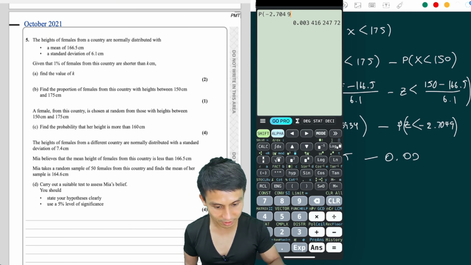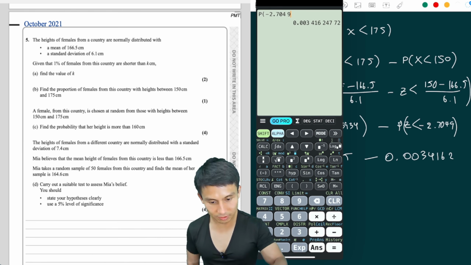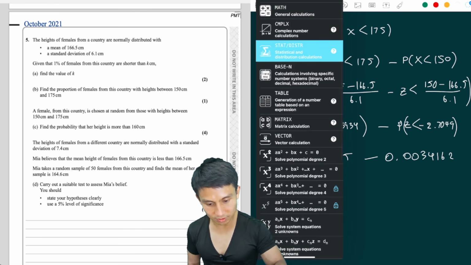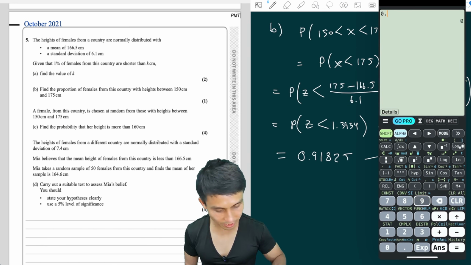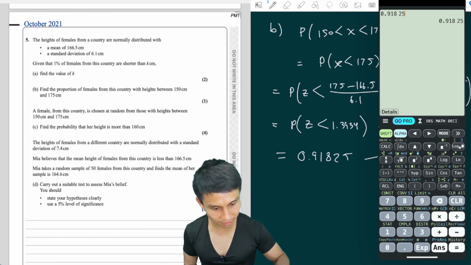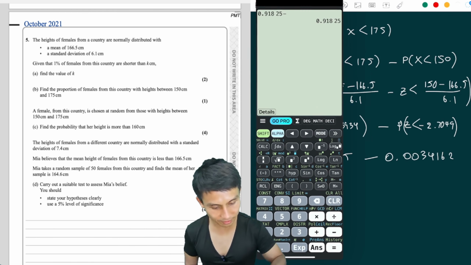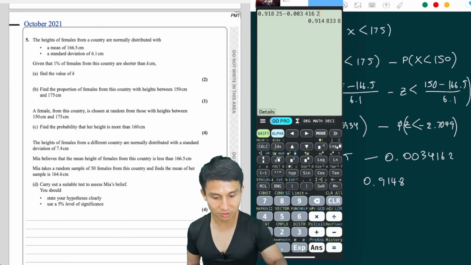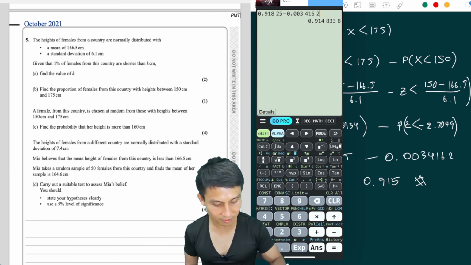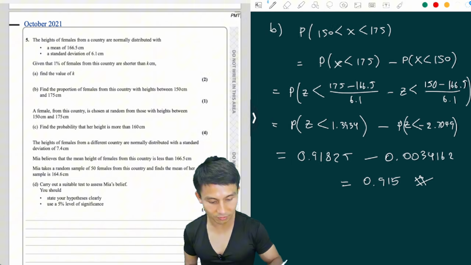Then go to normal mode, and we do 0.91825 minus 0.00346162. That's going to give me the probability value there. I'm just going to leave it at 3 significant figures. That's the value.